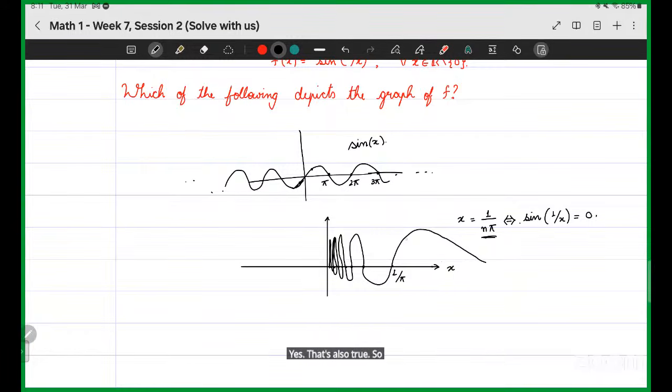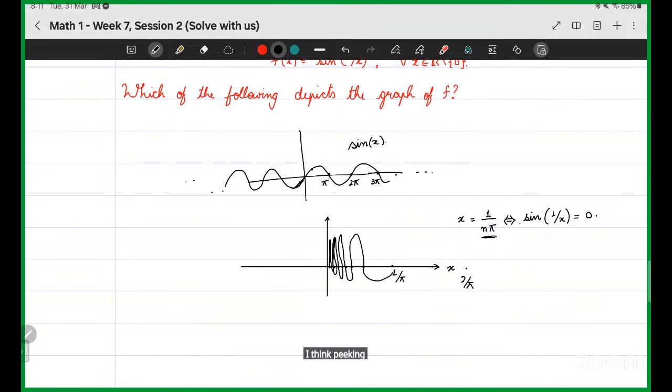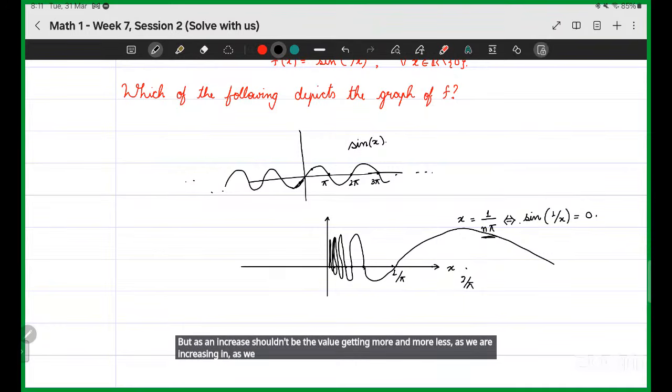So if you have 2 by pi over here, you will have your graph peaking there. But as n increases, shouldn't the value get smaller as we approach the origin? Won't it get more squeezed as we increase n?